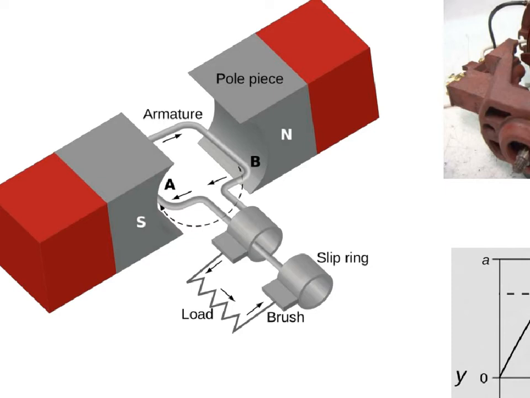If you had, you could do it with a handle, but that would be extremely inefficient. Usually they have turbines or basically giant fans that spin to cause these things to spin. In any case, what you need is something mechanical that will cause that loop to rotate, and that's going to produce your alternating current.